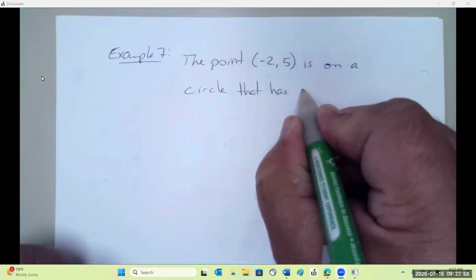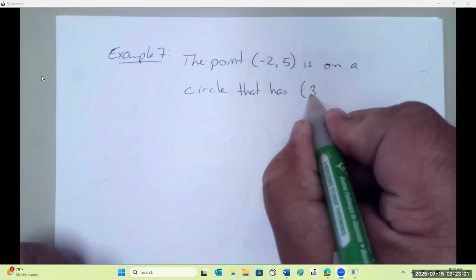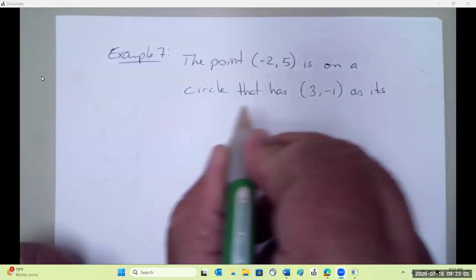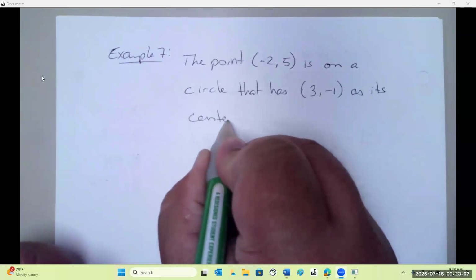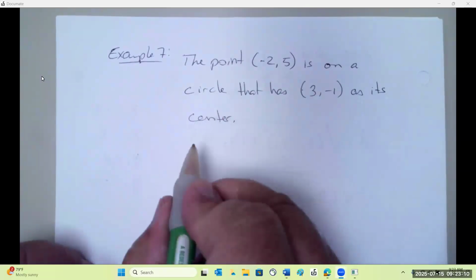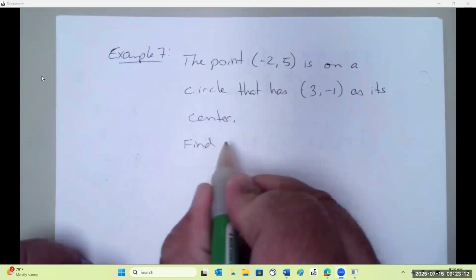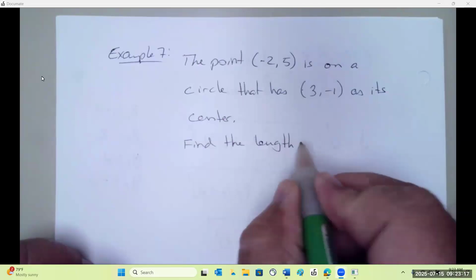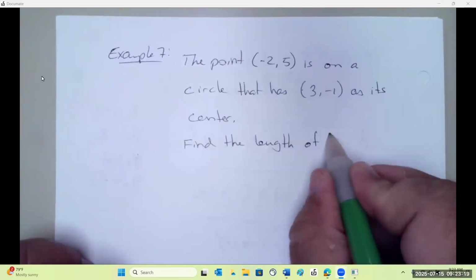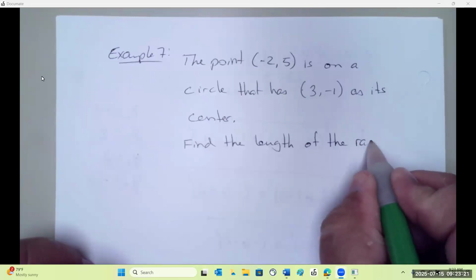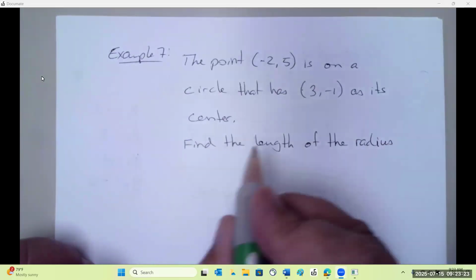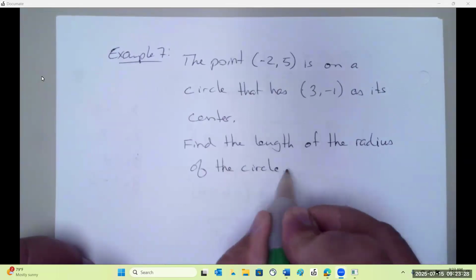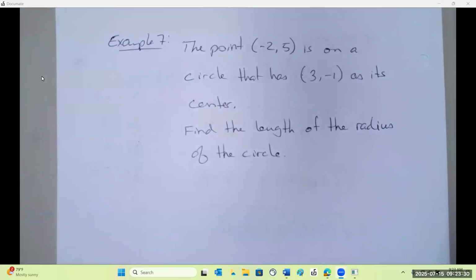That has 3, -1 as its center. Find the length of the radius of the circle. All right.